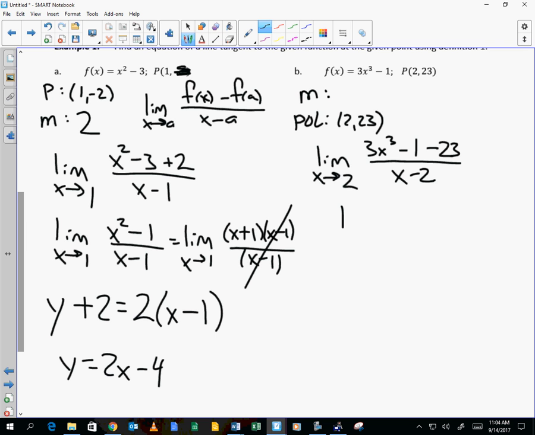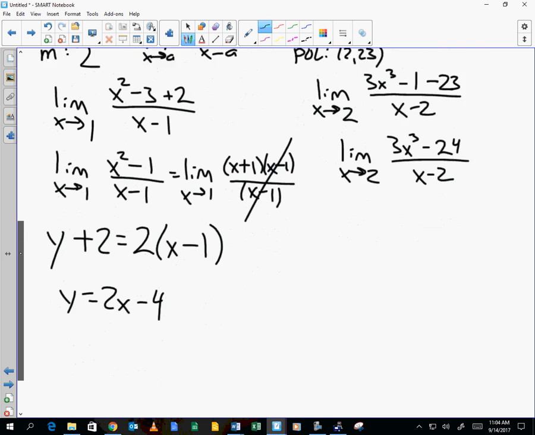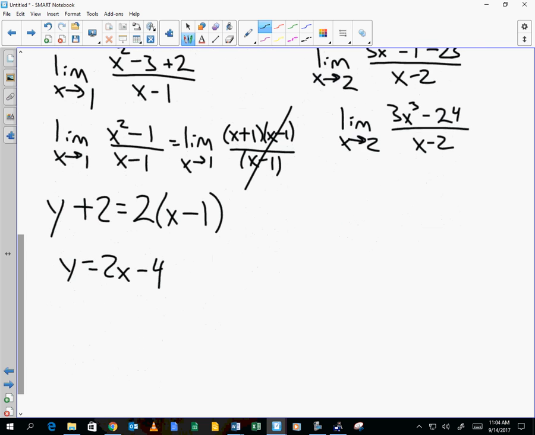Here we go. The limit as x goes to 2 of 3x cubed minus 24. Right now you're wondering, is that really going to cancel? Is it going to be a removable discontinuity? Can we factor x cubed minus 8?